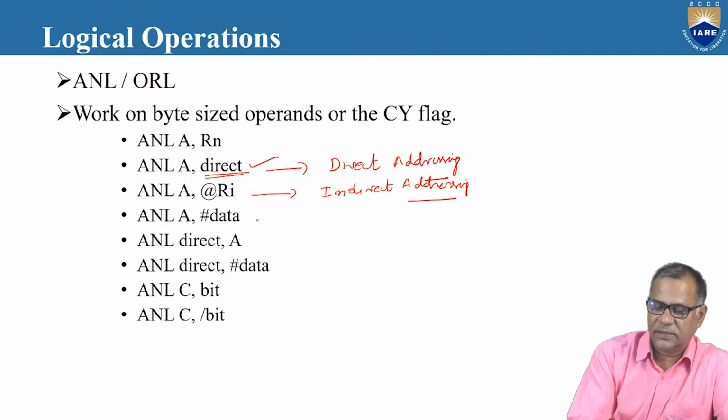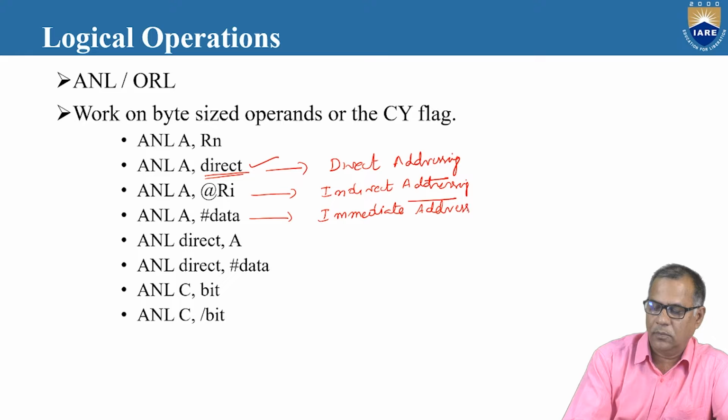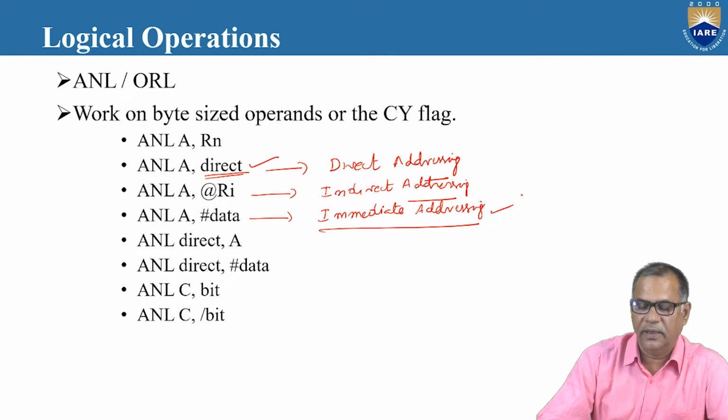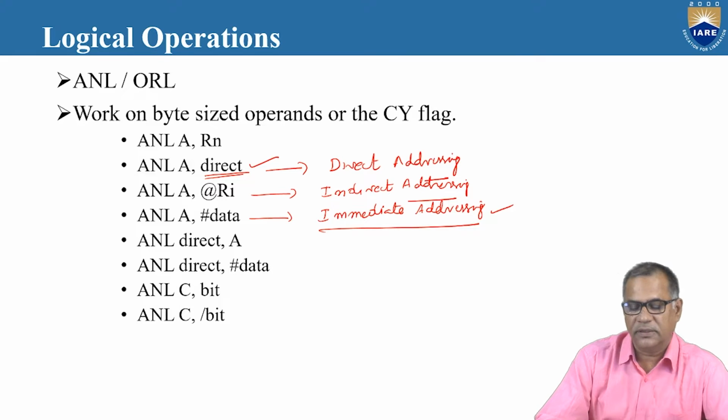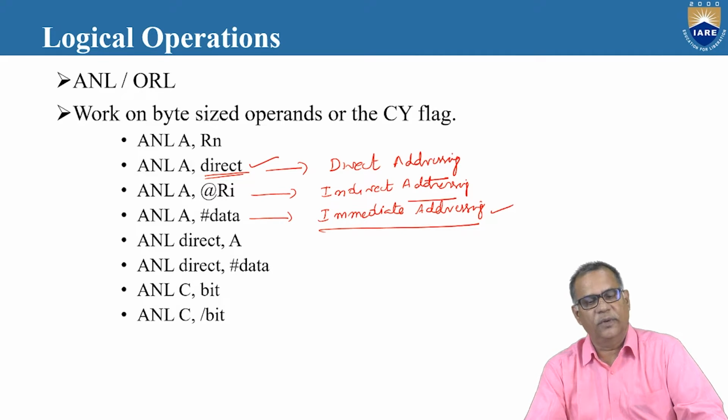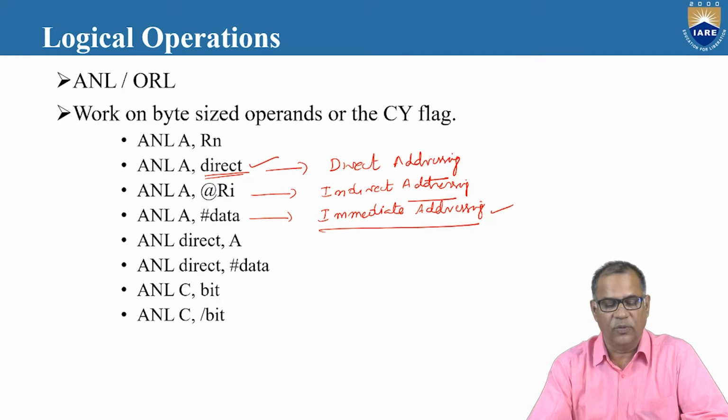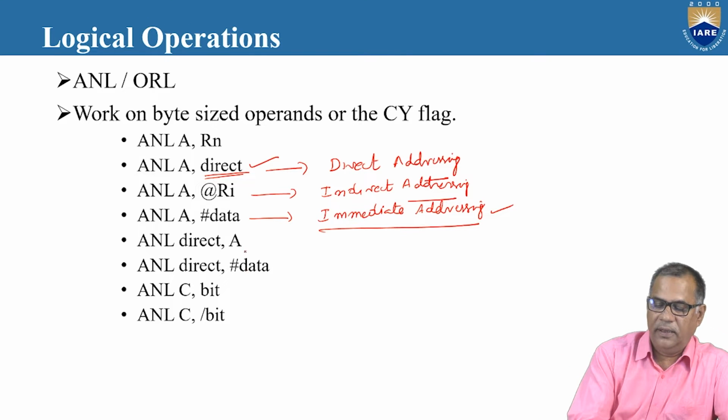And the next instruction comes under the category of immediate addressing. So ANL A, immediate data. So the data which is given in the instruction is ANDed with the contents of the accumulator, and the result is stored in the accumulator. And ANL direct, A.